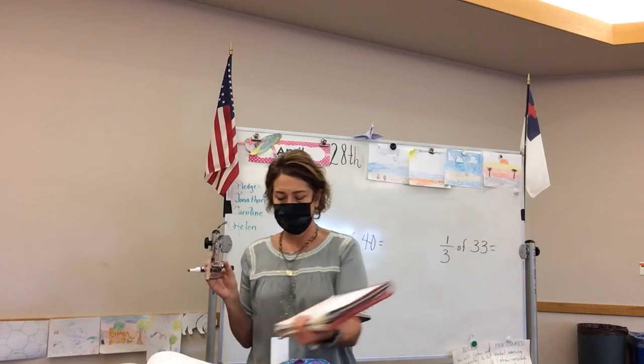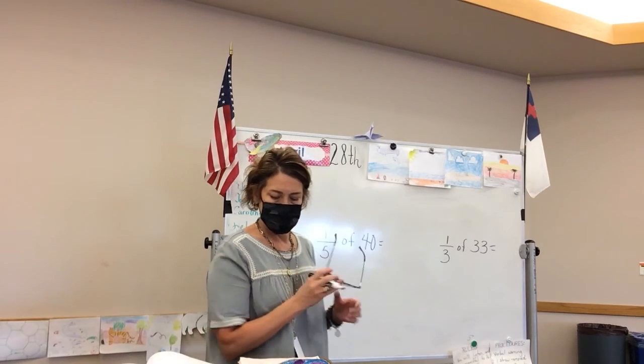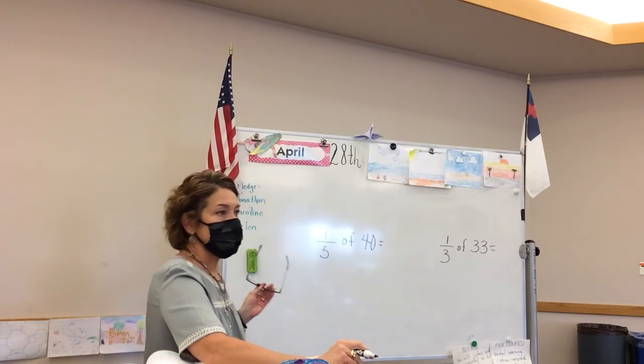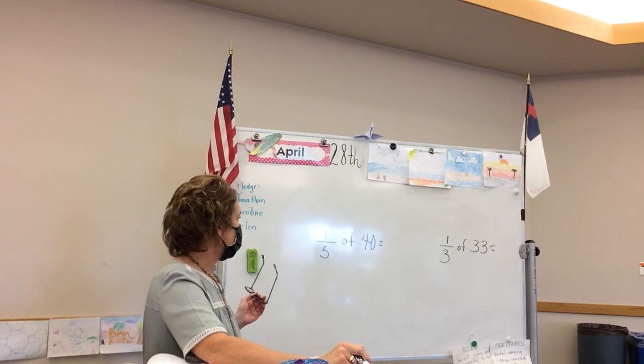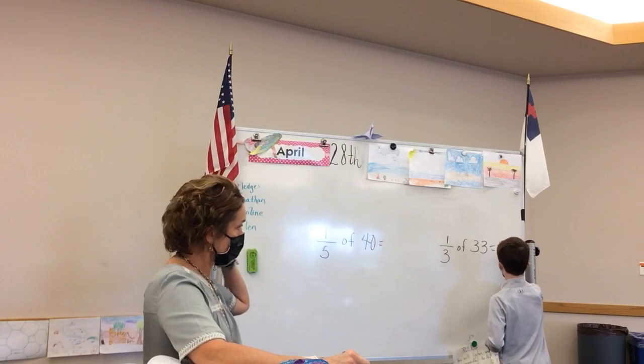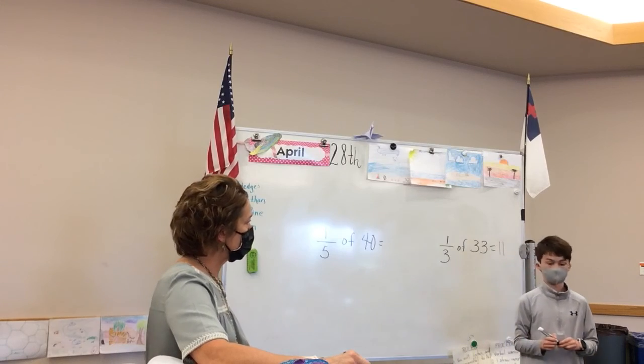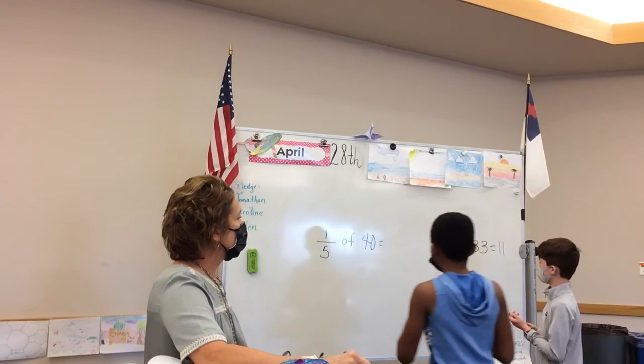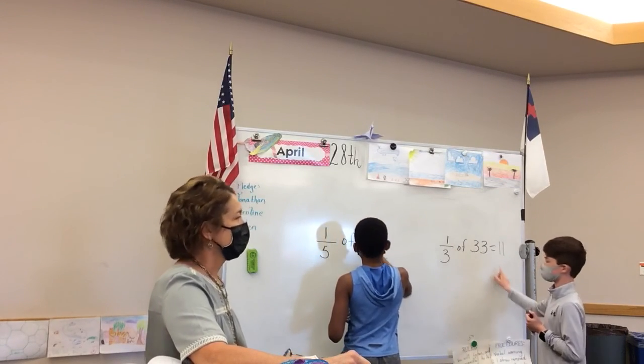James and Jeremiah. Very nice. So what did you do, James, to get that? 33 divided by 3 equals 11. Very good.